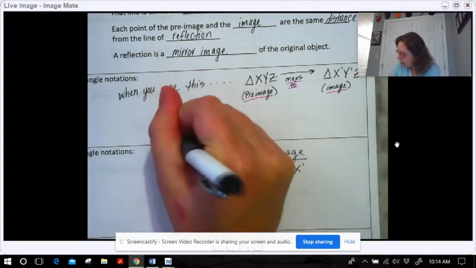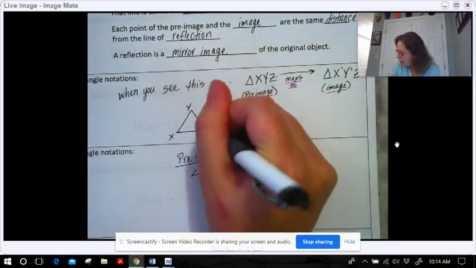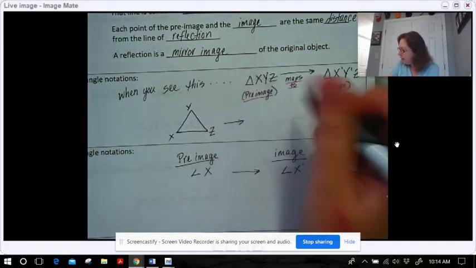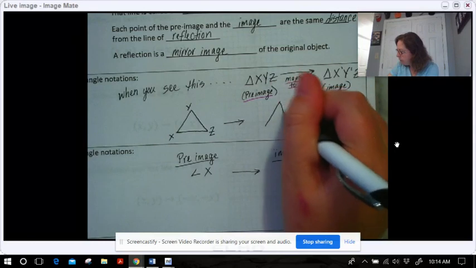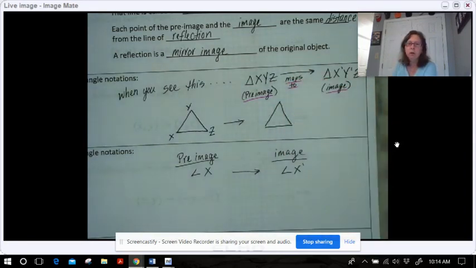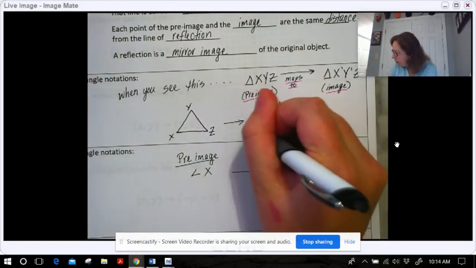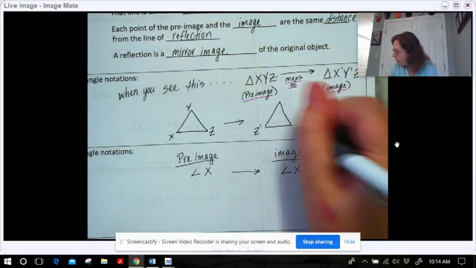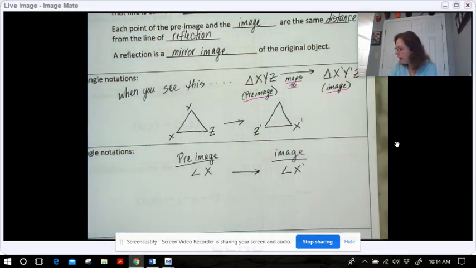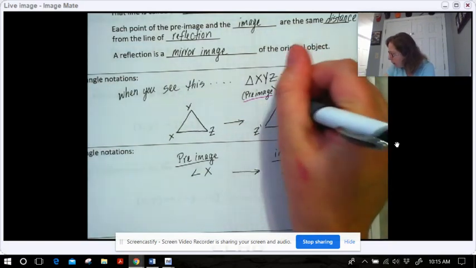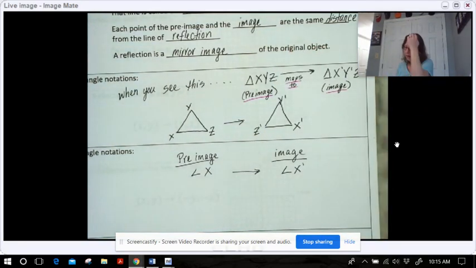So this would be triangle X, Y, Z. And if I reflected it, because it is a mirror image, everything would be on the reverse side. So the Z prime would be on the left, X prime would be on the right, and there is no left and right for the top point. So that Y prime just stays where it is. Okay.